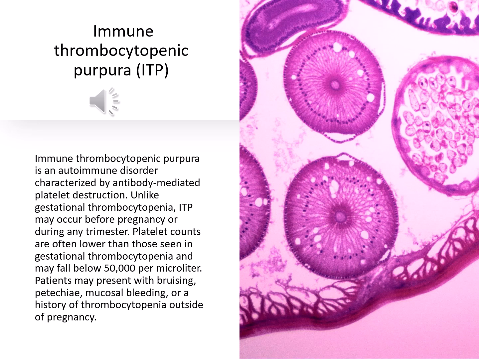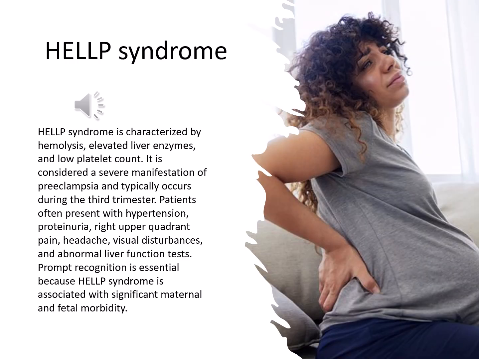Platelet counts are often lower than those seen in gestational thrombocytopenia and may fall below 50,000 per microliter. Patients may present with bruising, petechiae, mucosal bleeding, or a history of thrombocytopenia outside of pregnancy.